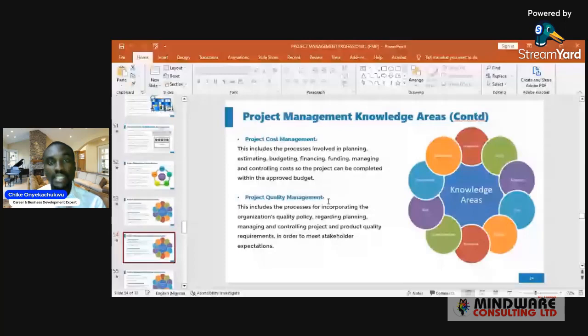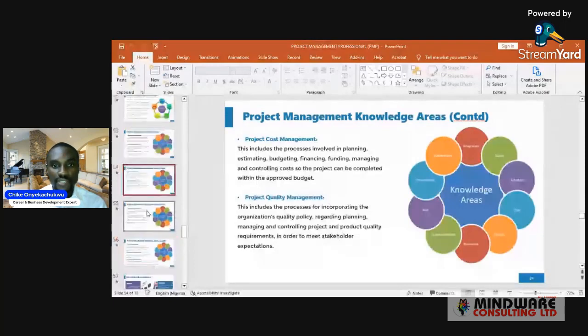In terms of quality, in terms of specifications, right, of the deliverable or the outcome of your project. So quality management helps you to manage and control the projects and product quality requirements. Everything that you have to do to ensure that at the end of the day, you arrive at the intended specification for your project.